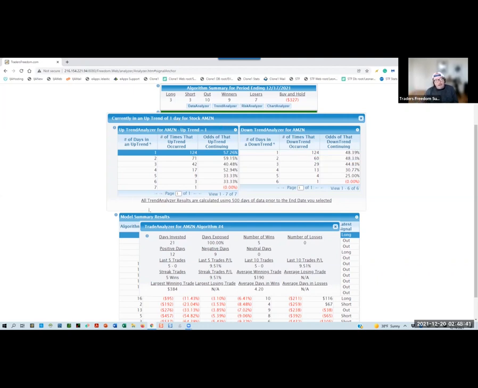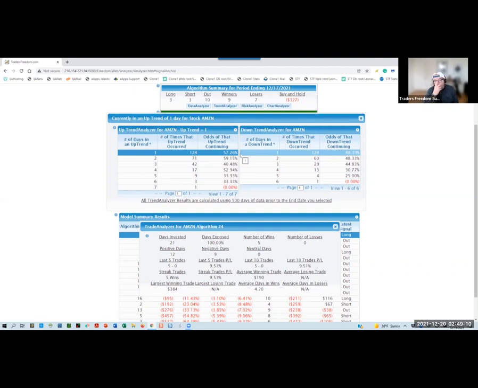If we look back over the last 500 days, just for Amazon, from the end date that you selected, and we used Friday as our date, it's gone up one day 124 times. It's gone up 2 days 71 times. So if you look at that and you take 71 and divide it by 124, it would suggest that there's a 58% chance that Amazon will be up on Monday.